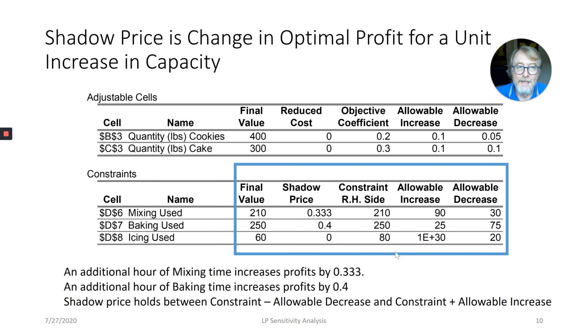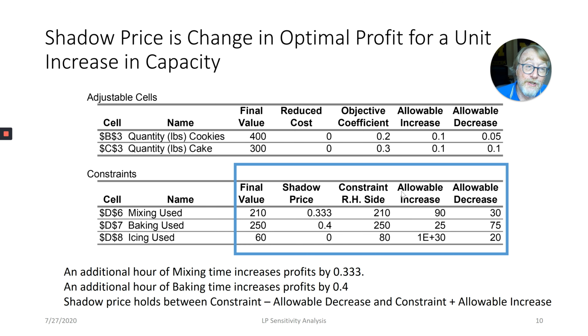How much more money will I be making? So if I could get myself an additional hour of mixing time, hire another baker to sit there and mix the bowl up, I'll be making 33 cents. Same thing here with baking time. If I could get myself an additional hour baking, from 250 up to 251, I'd be making an additional 40 cents or 0.4, which is good.